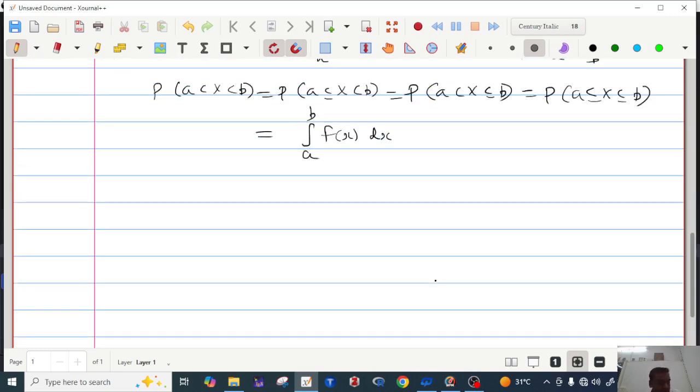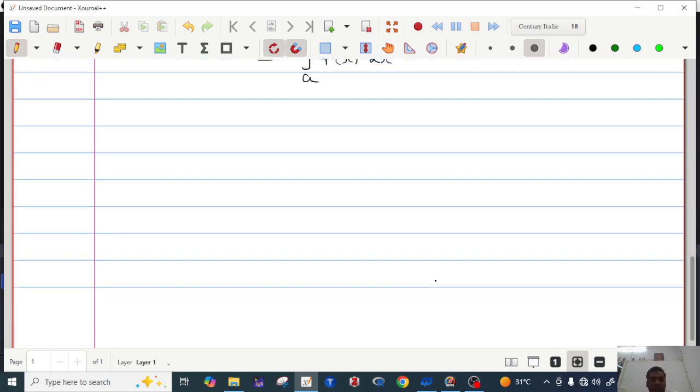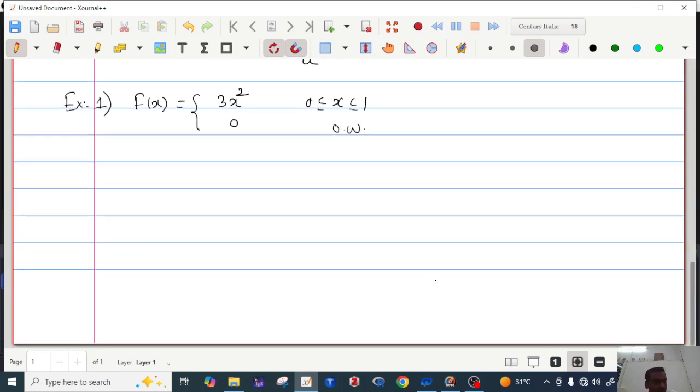Now let's see some examples on the basis of this concept, the probability density function. Suppose a function f(x) equals 3x square for 0 less than or equal to x less than or equal to 1, and 0 otherwise.